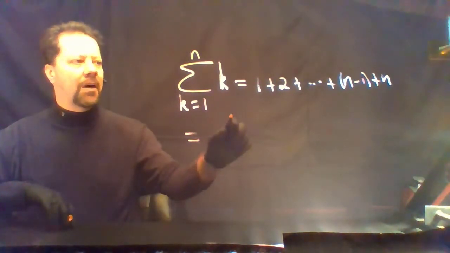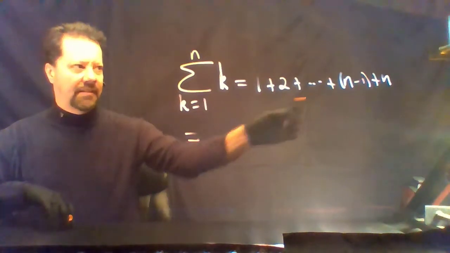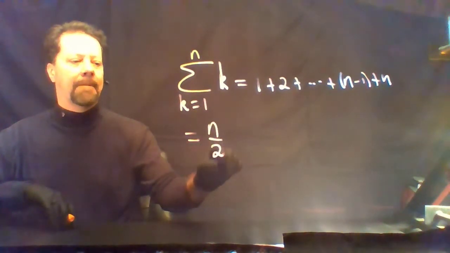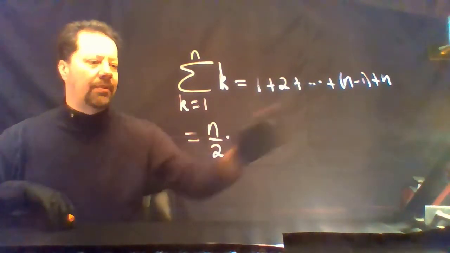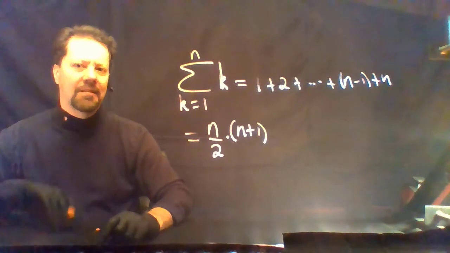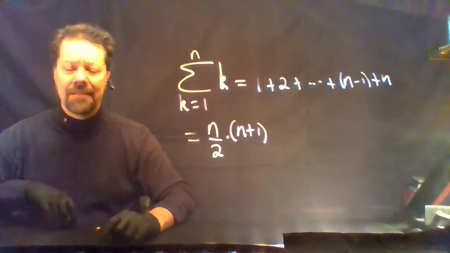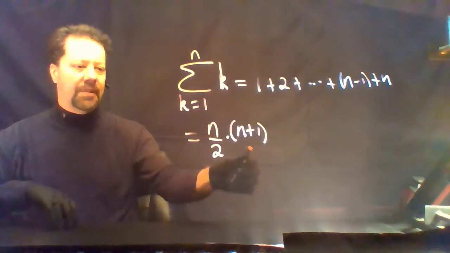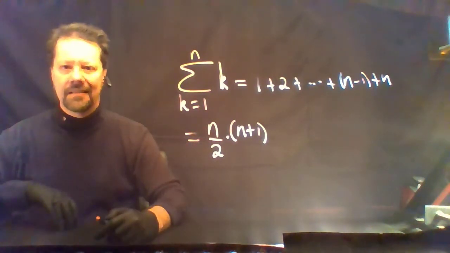And if you pair them off, you're going to have n divided by 2 pairs that add up to n plus 1. But that argument only works if n is even. It might seem remarkable that it is true, but this formula works even if n is odd.